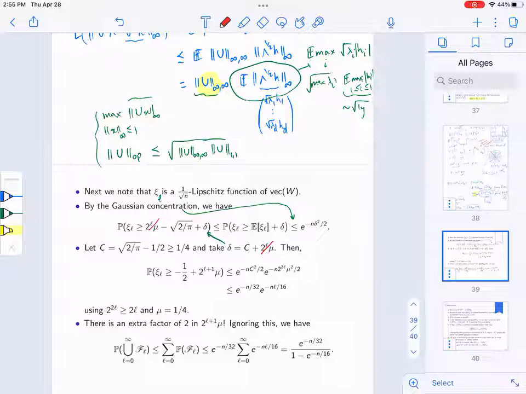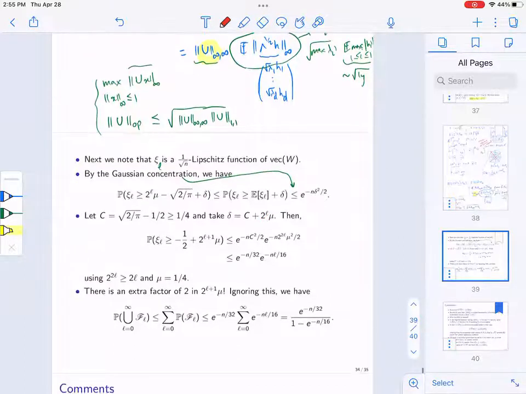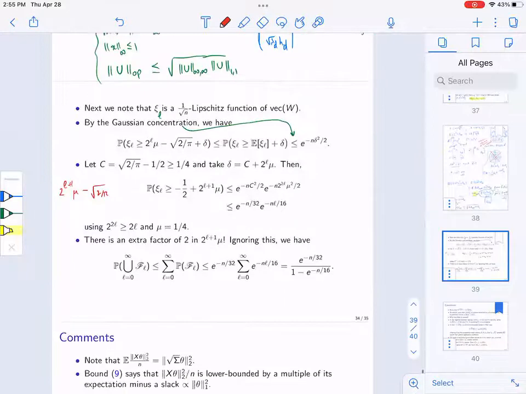What do I get? Oh, it doesn't cancel out. Right, it doesn't cancel out, you're right. Twice, yeah, so you get 2L plus 1 times mu minus root 2 over pi.